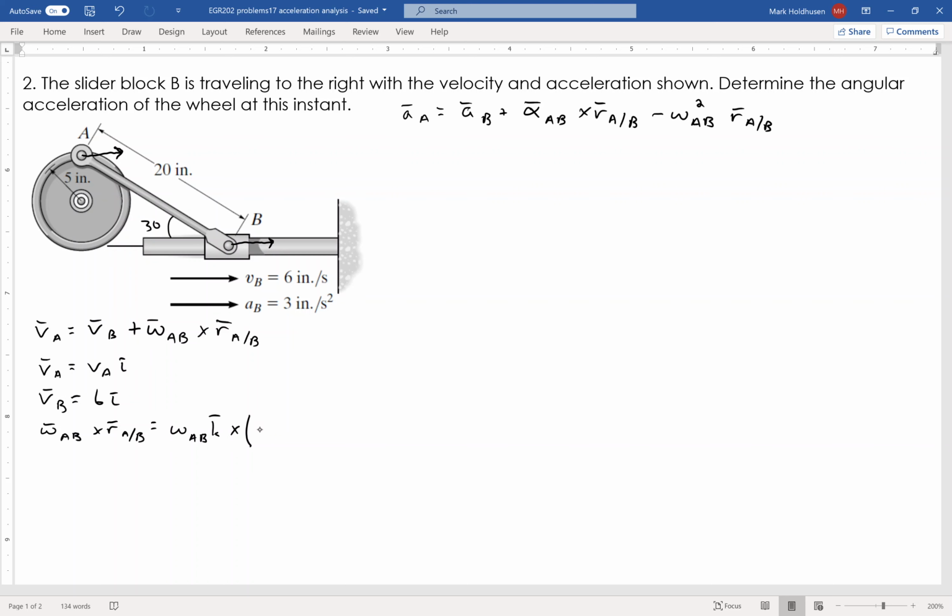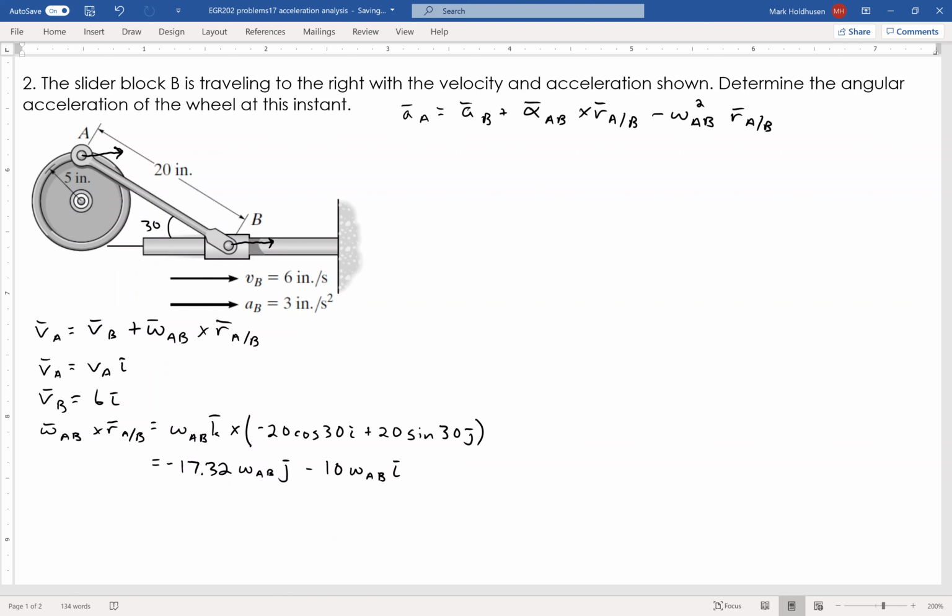So that gives me negative 20 cosine 30 in the I and plus 20 sine 30 in the J. Then doing that cross product, I get negative 17.32 omega AB in the J direction and negative 10 omega AB in the I direction as given there.